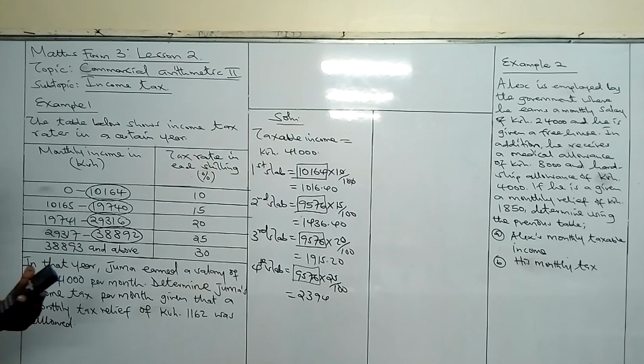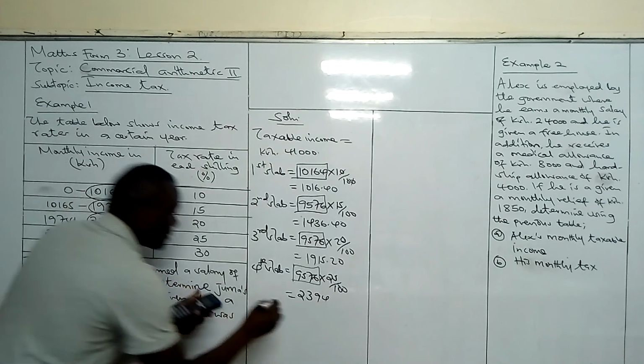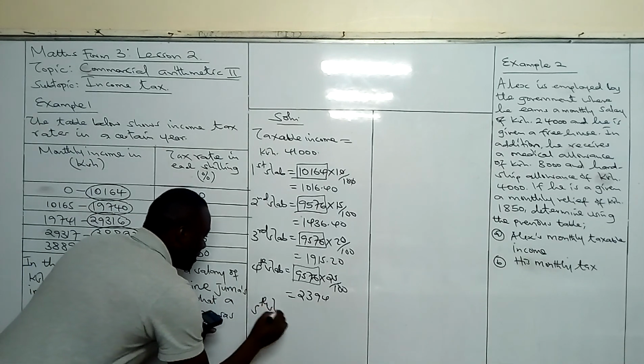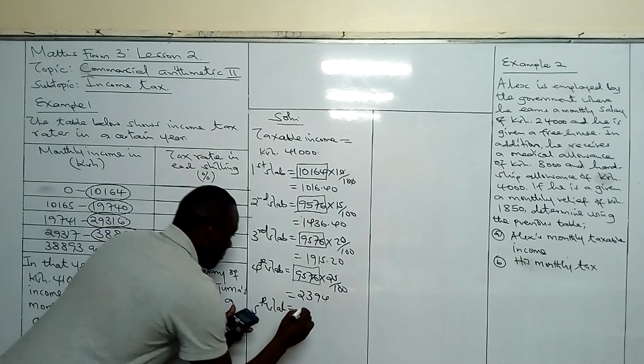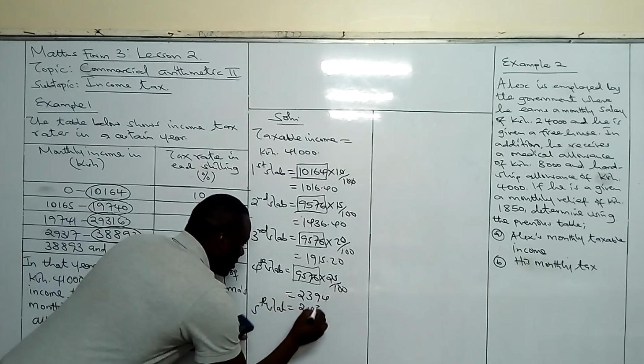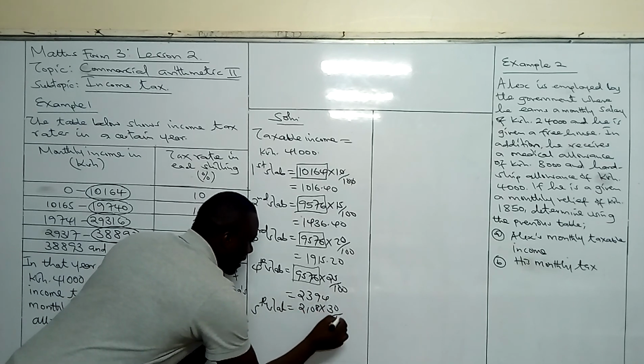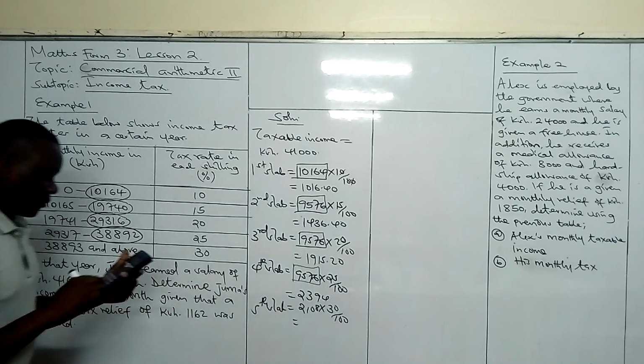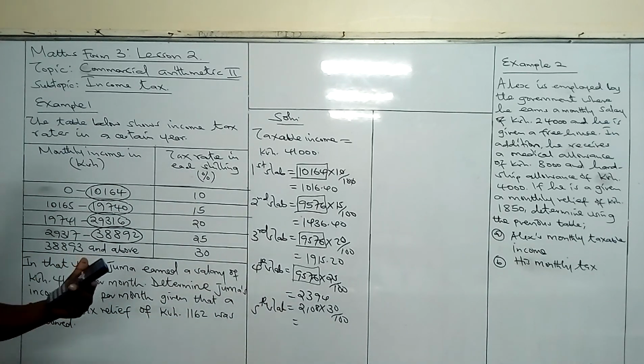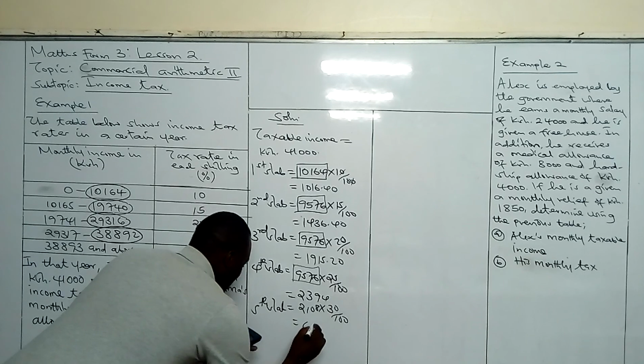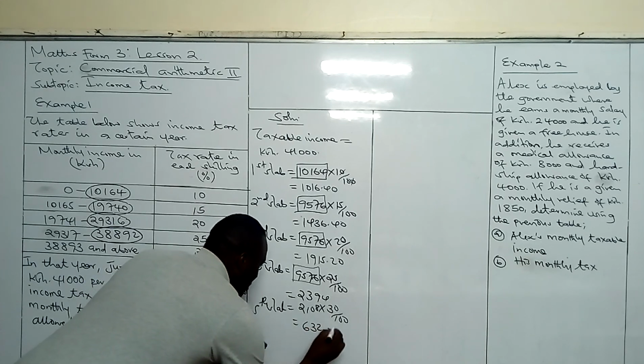So we will take our total taxable income, we subtract 38,892, then we will get, that's our fifth slab. In our fifth slab, we will take anything above, which is now 2108 times 30 over 100. So I will multiply by 30, then I divide by 100, which will give me 632.40.